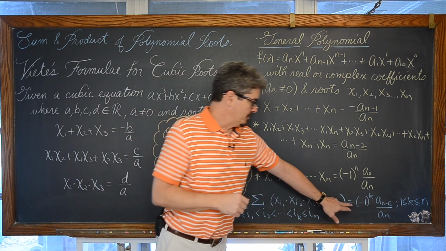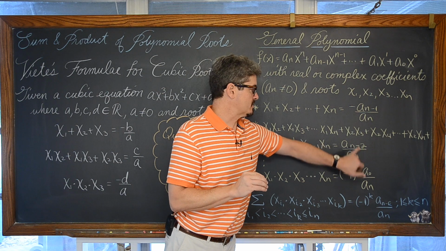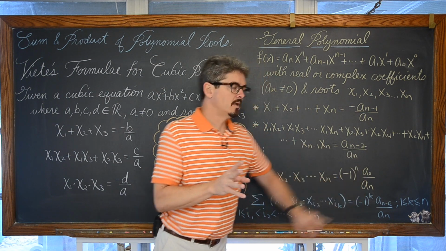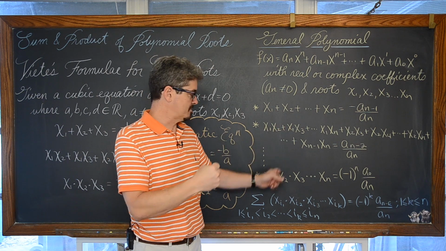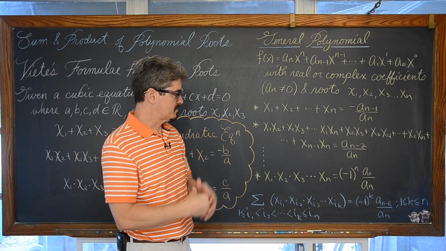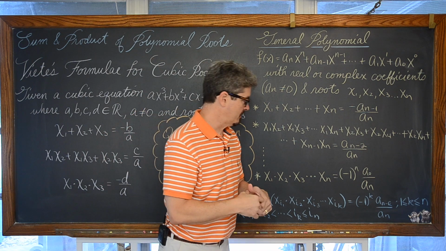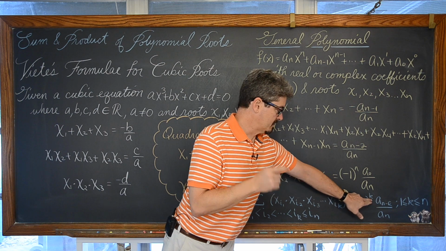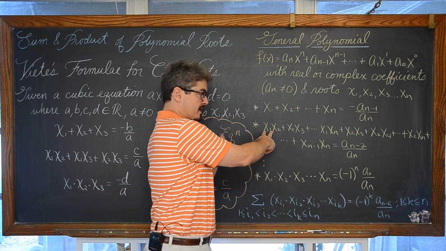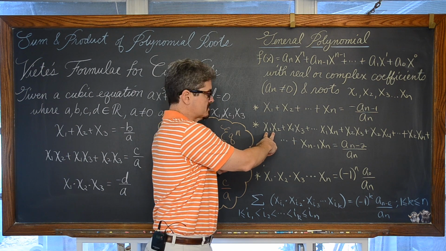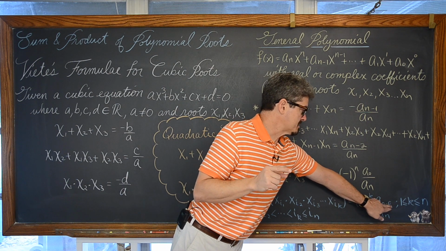That is equal to, so basically this is our general form of each of these individual formulas that relate this sum or combination of products and sums, or just straight products of our roots, to a relationship of coefficients in our polynomial: negative 1 to the k power, where k is the number of roots that you're multiplying for each of these terms, times a sub n minus k.